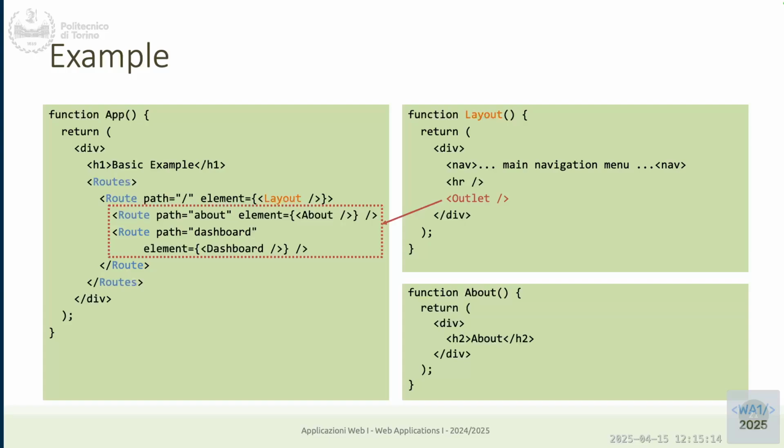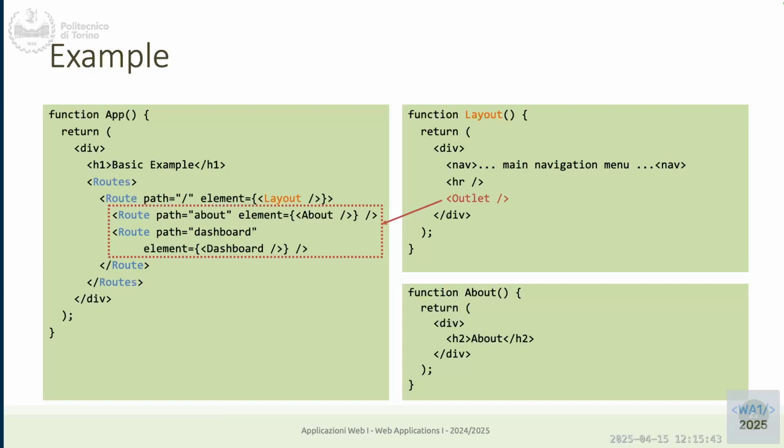So actually, we are creating here a frame where in slash about and in slash dashboard, this div, nav, and hr will be always the same. But then if we are in about, then this outlet will be replaced by about. Or in the other case, outlet will be replaced by dashboard. So actually, the enclosing component, the enclosing route, can decide where the enclosed route will go.